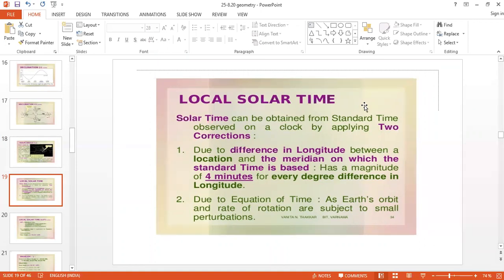Then, due to the equation of time, as the Earth's orbit and rate of rotation are subject to small perturbations. These two are the corrections applied to the standard time we observe on a clock.